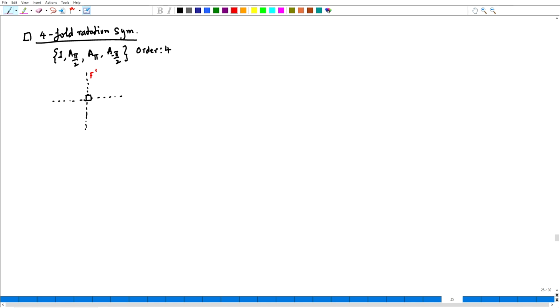So, this is object number 1. This is taken through counterclockwise 90-degree rotation through position 2, then to position 3, and position 4, and another 90-degree rotation will bring it back to where I started from.